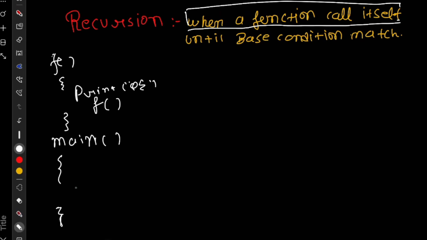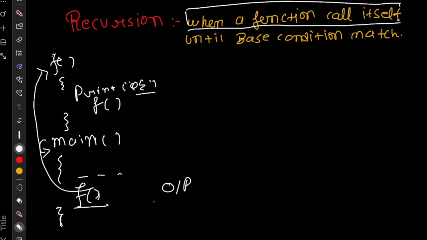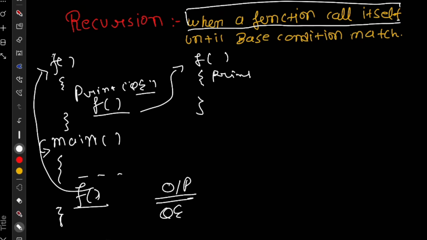In the main function, let's say after a few lines of code, I call this function f. The compiler first comes inside the main function, then I call function f, and it goes here. What will the function do? This function first of all prints QE in the output. Next time, this function again calls itself, prints QE, and calls f.